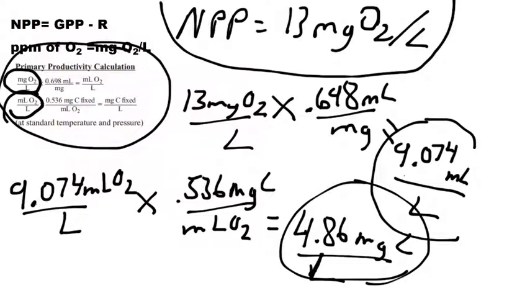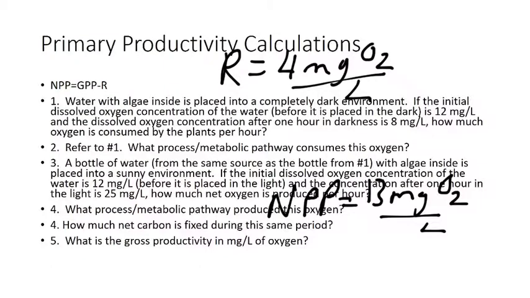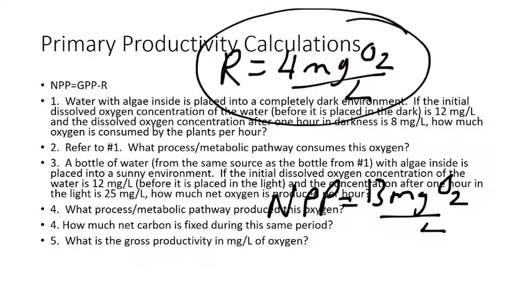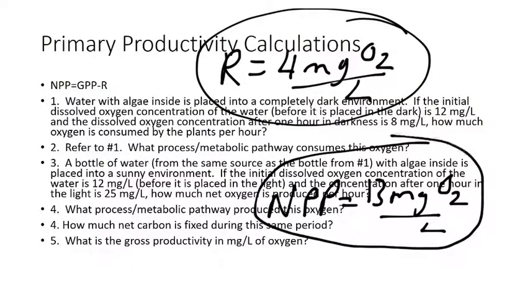Now if we go back to the previous question for a second, we found on the previous screen that the amount of oxygen consumed by cell respiration was 4 milligrams of oxygen per liter. We also calculated the net primary productivity in terms of oxygen to be 13 milligrams of oxygen per liter. The last question is we want to calculate the gross productivity in milligrams per liter of oxygen.